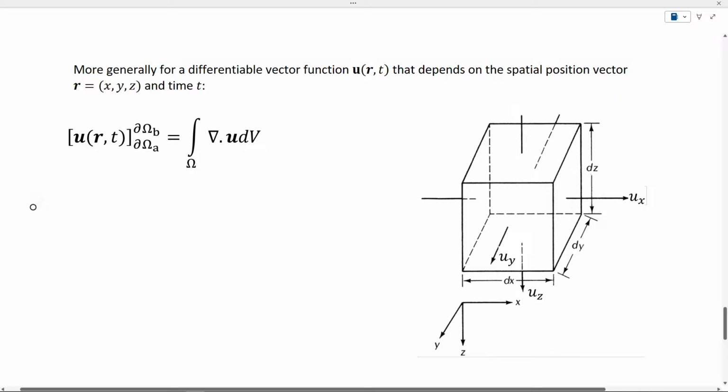But why is this important? Well, let me first explain what this is, because this is the fundamental theorem of calculus in a vector form with a vector function.